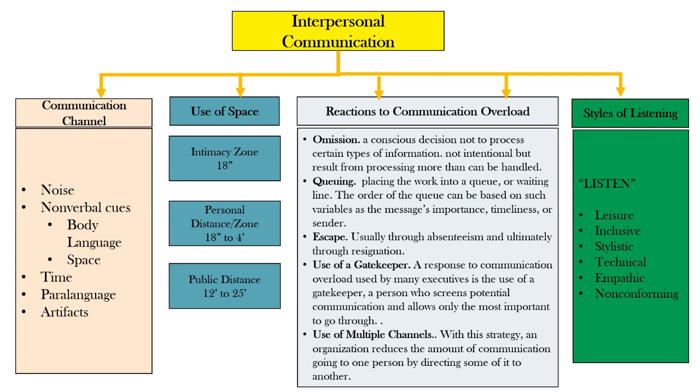A message that is spoken quickly will be perceived differently from one that is spoken slowly. In fact, research has shown that people with fast speech rates are perceived as more intelligent, friendly, and enthusiastic than people with slow rates of speech.